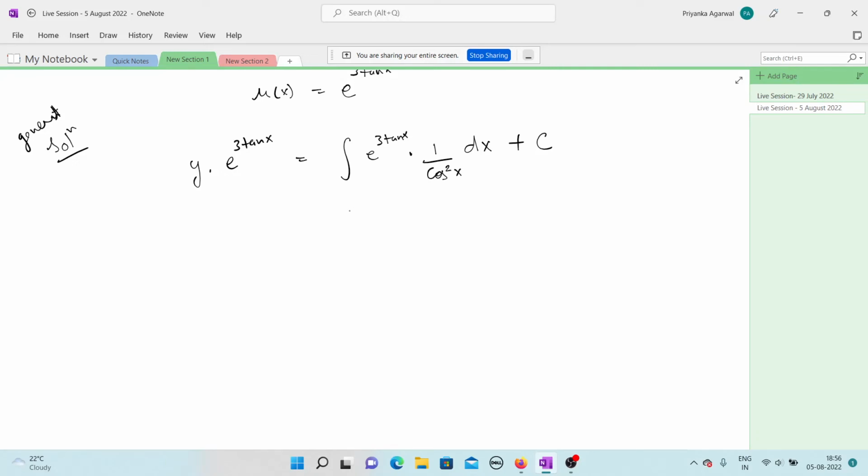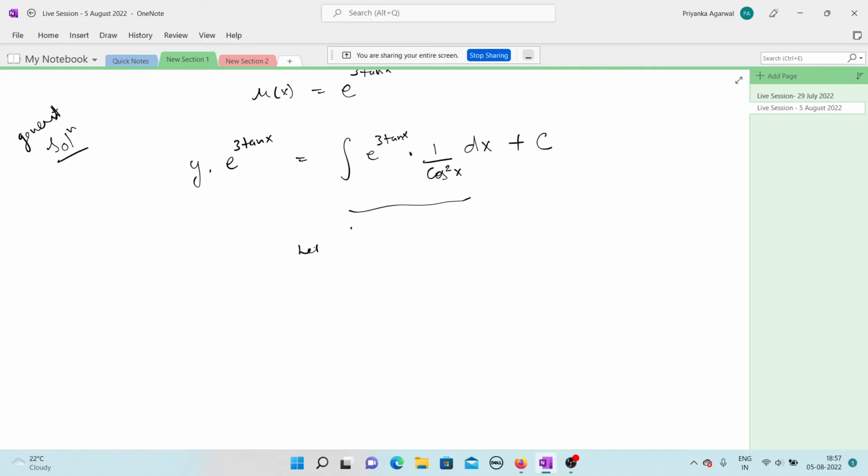Now you have to solve this integral. So how to solve this integral? Any hints? I'll tell you then.